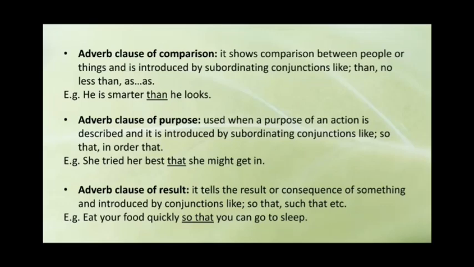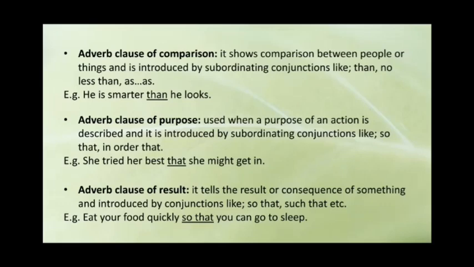So this is a purpose. What is the purpose of doing any action? So she tried her best. Why did she try her best? So that she might get in. So that is the subordinating conjunction, and it shows the purpose.